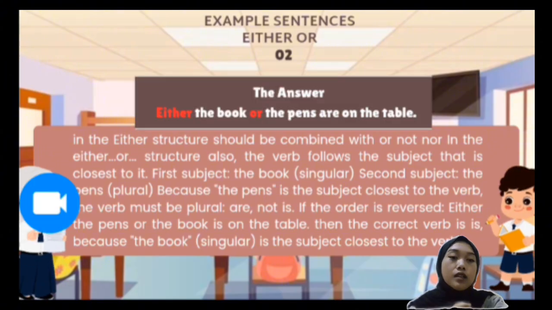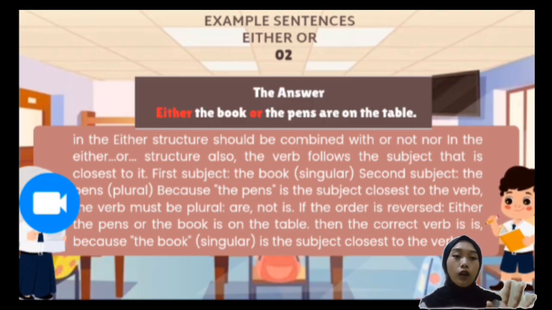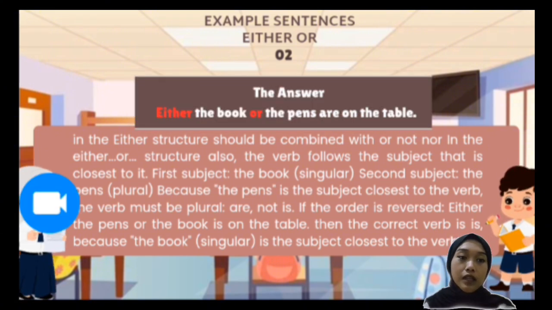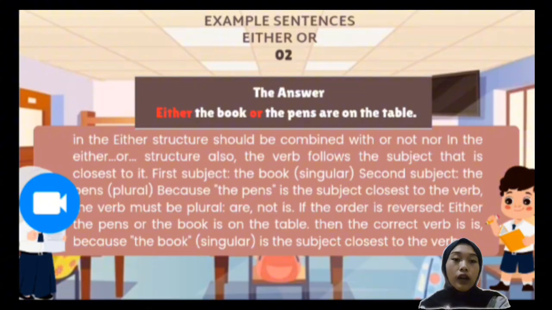Either should be paired with or, not nor. Nor is used with neither. 2. The verb is thus does not agree with the subject pens, which is plural.